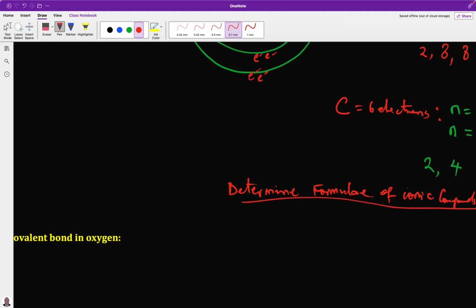Method one is by swapping the charge on the ions.